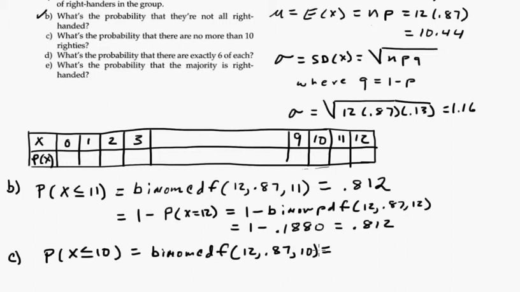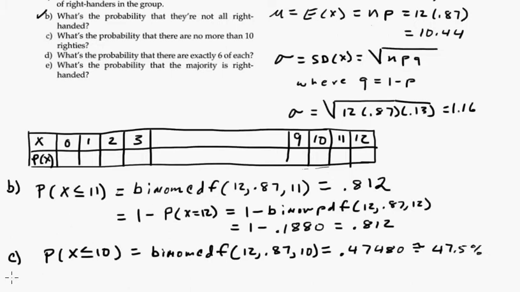Okay, so let me just check that. So I put in a 12, comma 0.87, comma 10, and I get 0.47480, or approximately 47.5%.